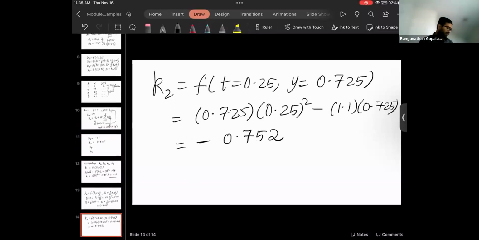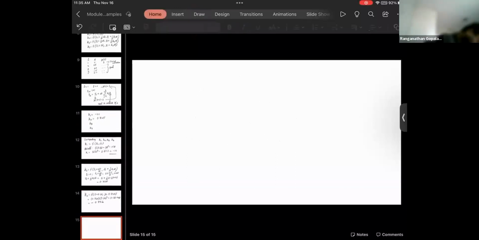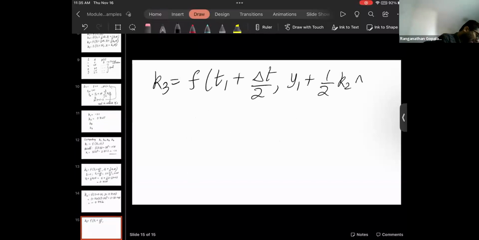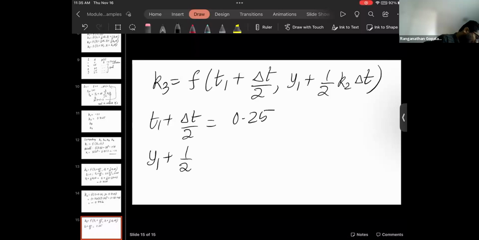All right, shall we move on to K3 now? K3, always start with the formula f of t1 plus delta t divided by 2, y1 plus half k2 delta t. That is the formula. Again, t1 plus delta t divided by 2, we just did that calculation, that is 0.25. And y1 plus half k2 delta t. What is y1? y1 is 1 plus half.